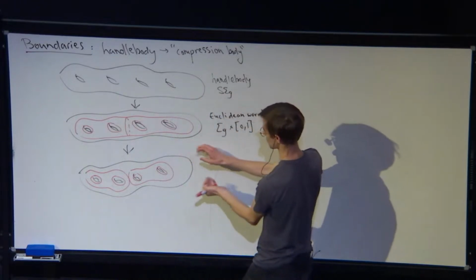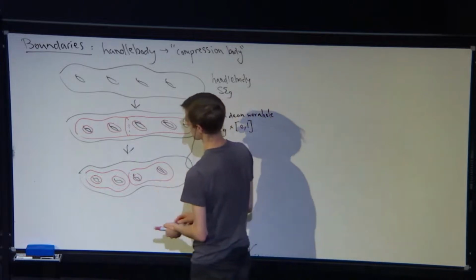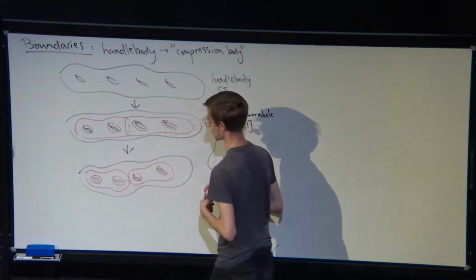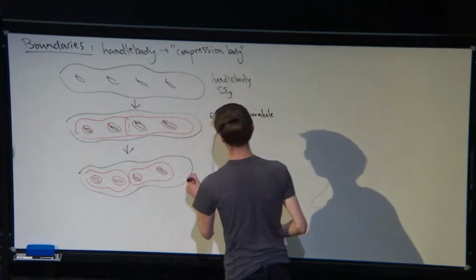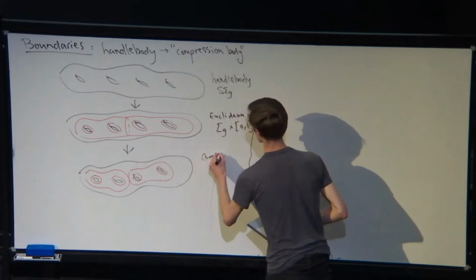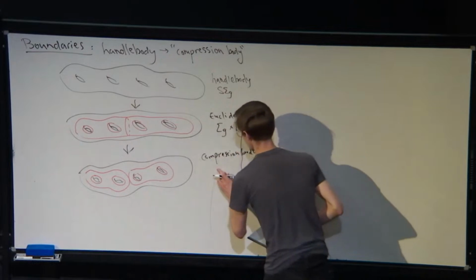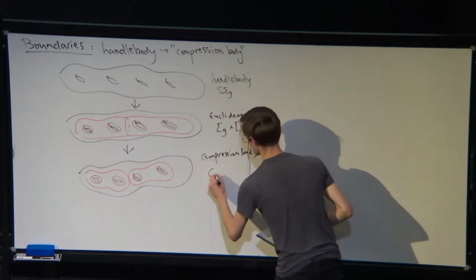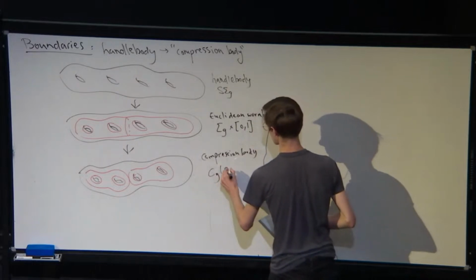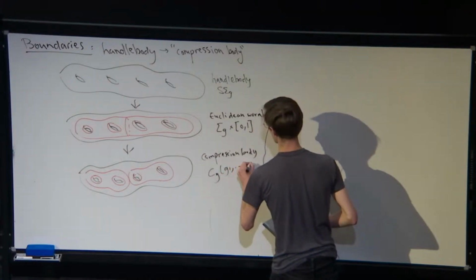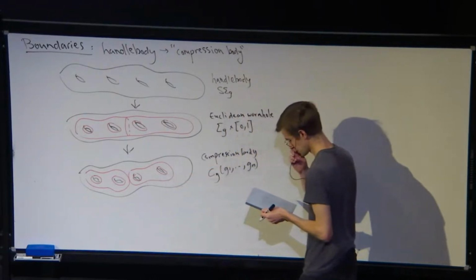In this example, it's this genus 4 Riemann surface, and potentially multiple inner boundaries. So this has two genus 2 inner boundaries. So this is some multi-boundary wormhole, but let's just call it a compression body. And the terminology we use for this is CG, which denotes the genus of the outer surface, and G1 through Gn for the genus of the inner Riemann surfaces.